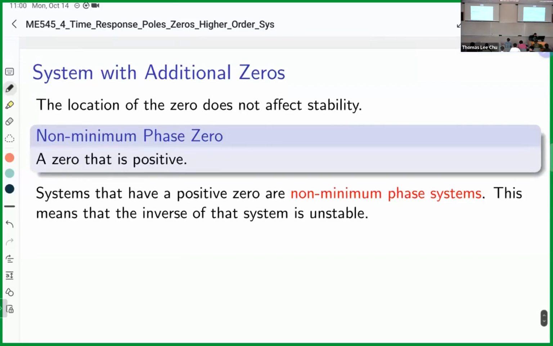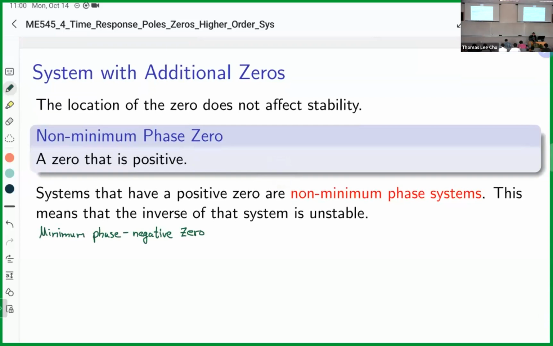So maybe I should include down here a definition. When you hear something called a minimum phase system, it means that it has a negative 0. If I say the system is minimum phase, that means all the zeros are negative.